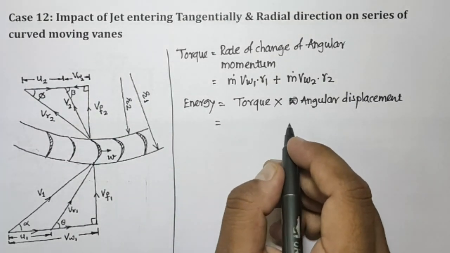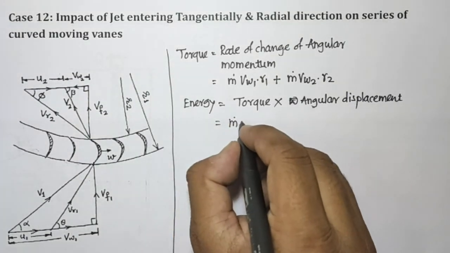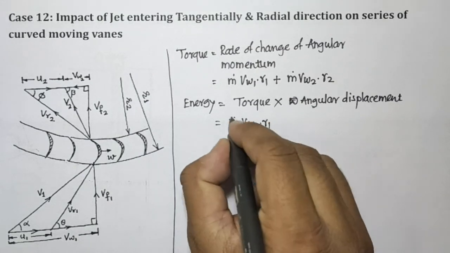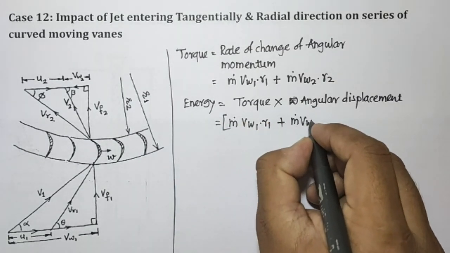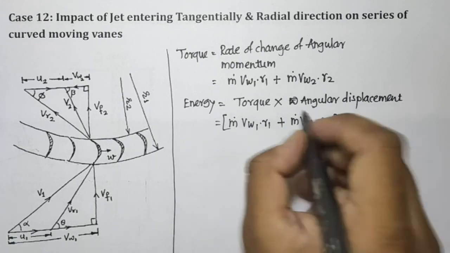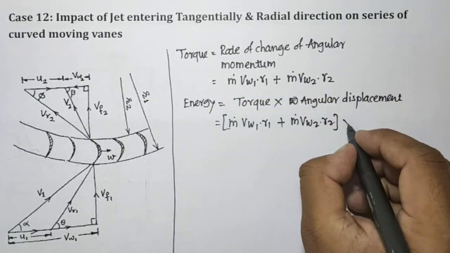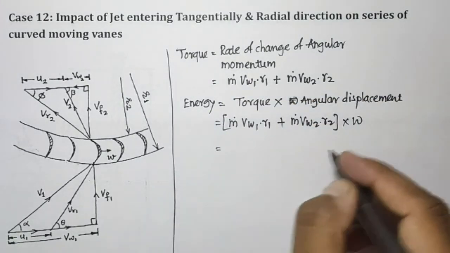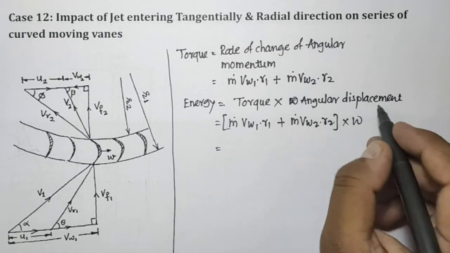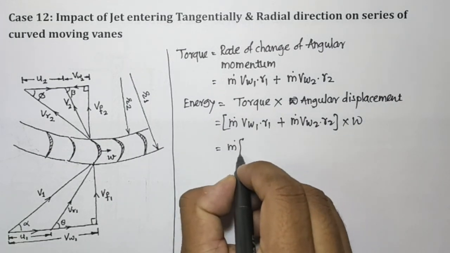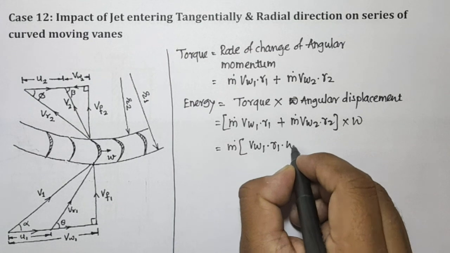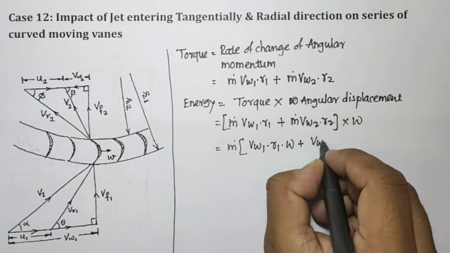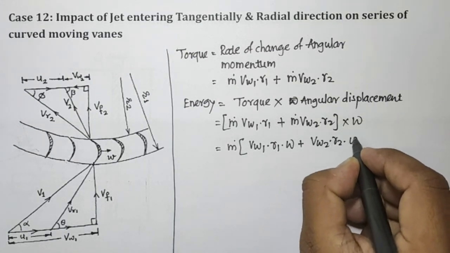So that can be written as m dot Vw1 into r1 plus m dot Vw2 into r2, as we have considered the torque, into omega. Omega is what we call the angular velocity. So m dot we will take common: Vw1 into R1 into omega plus Vw2 into R2 into omega.